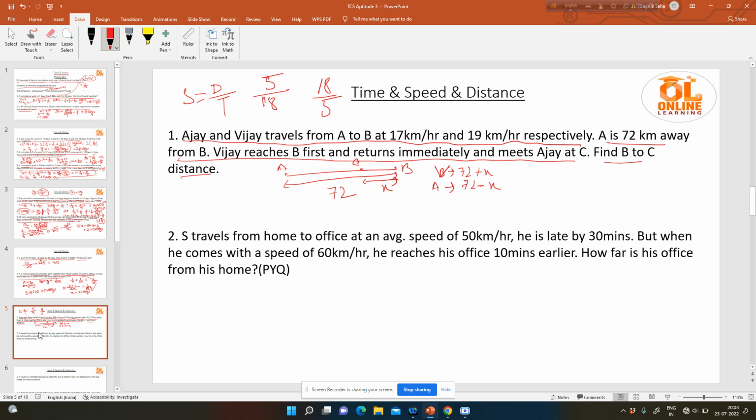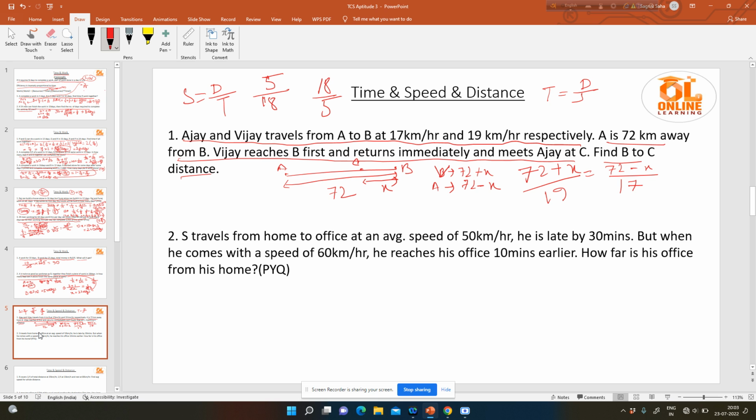As both times are the same, we know that time is distance by speed. So the distance by Vijay would be 72 plus x, by speed of Vijay which is 19, and the distance covered by Ajay is 72 minus x, and his speed is 17 kilometer per hour.